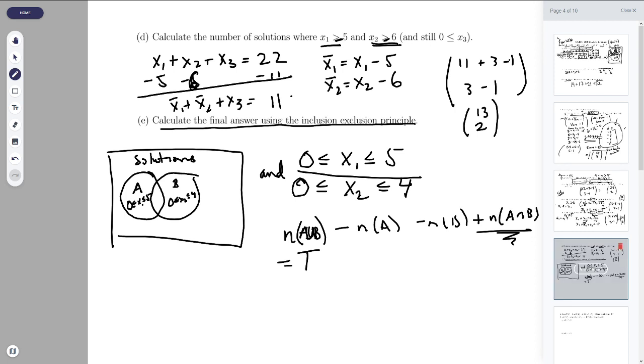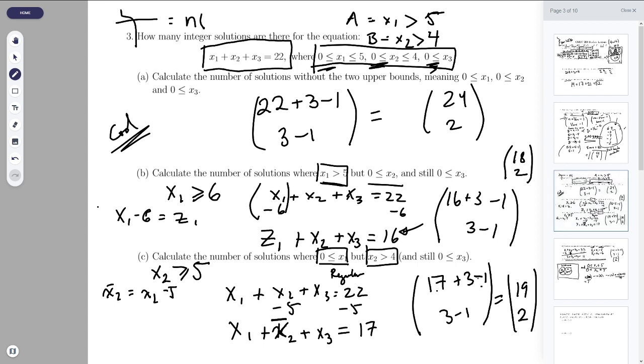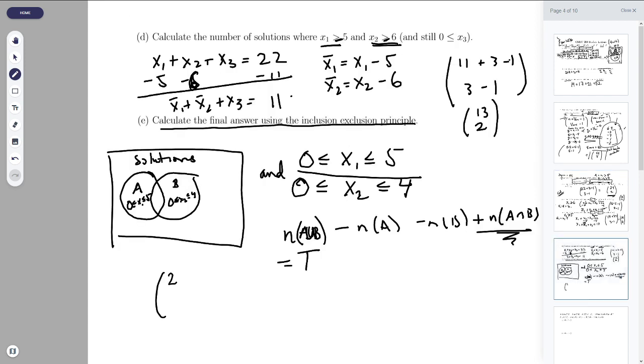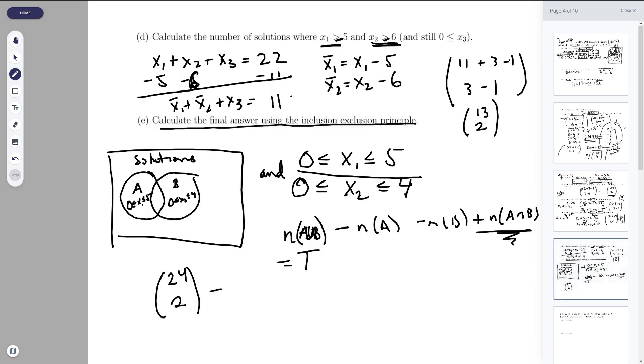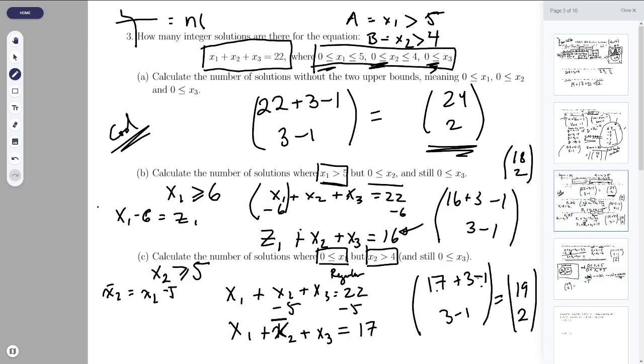And so, how are we going to do this? What we're going to do is look at it like this. The total number of solutions here is 24, choose 2. And then we're going to have to subtract off the number of things in this set here, which is 18, choose 2.